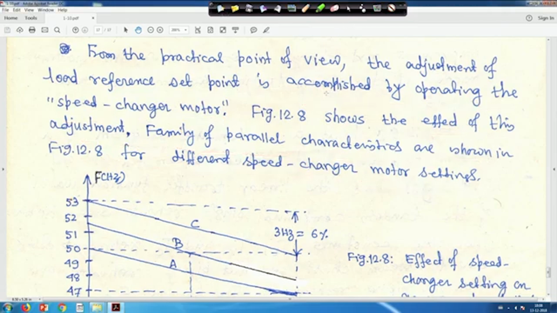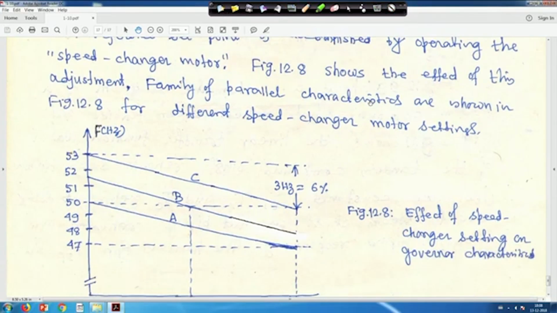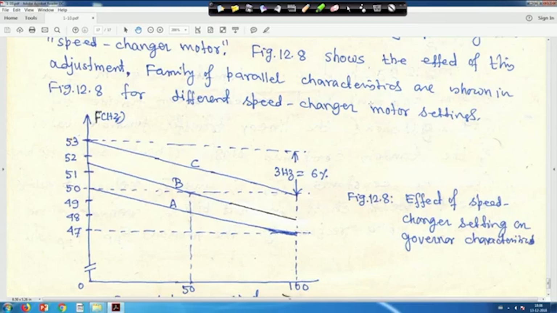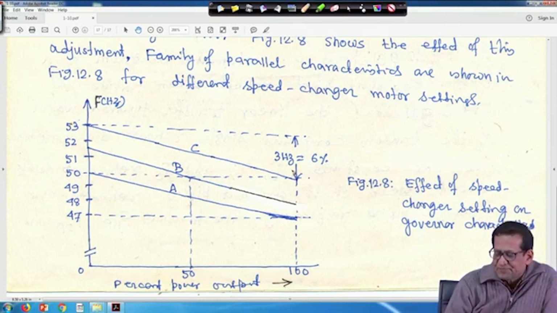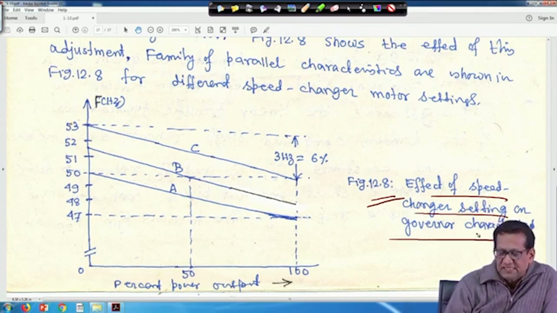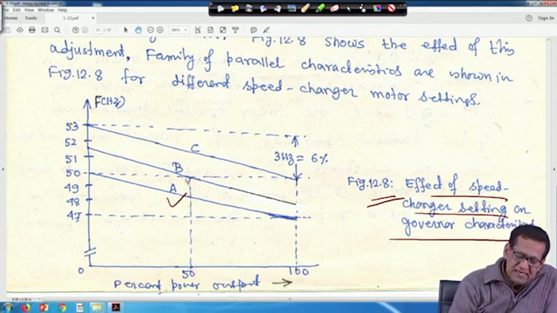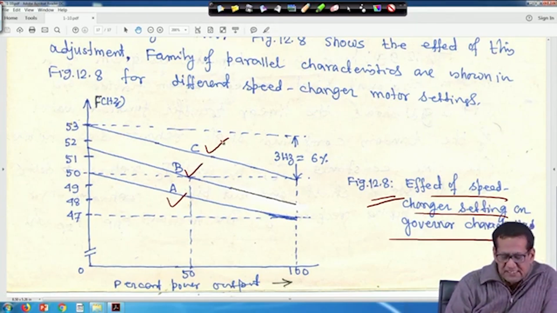If you come to this figure, there are 3 different characteristics. This is figure 8, effect of speed changer setting on governor characteristic: characteristic A, characteristic B and characteristic C.